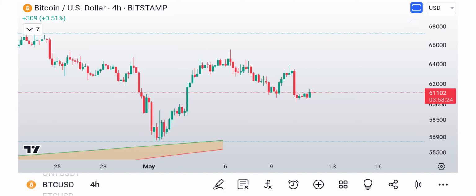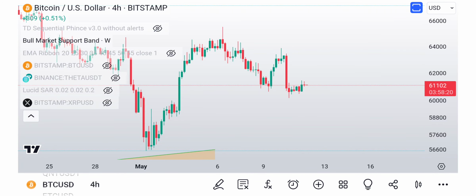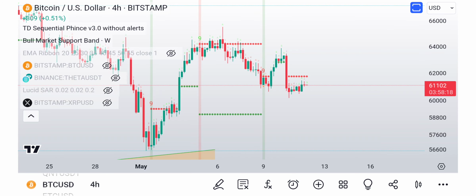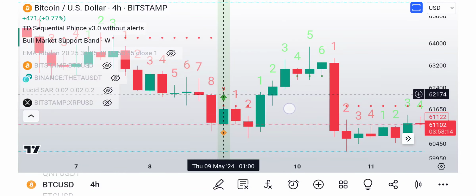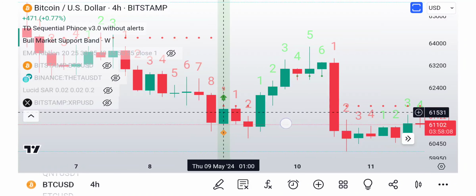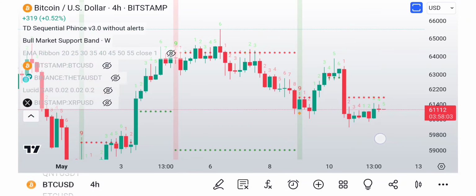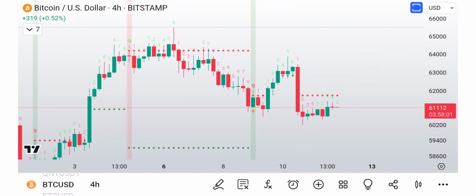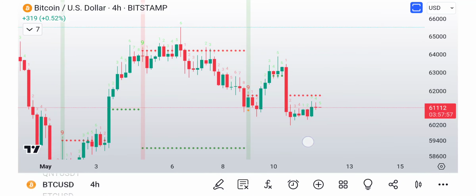Let's see. But yeah, I don't know if that 9 will play out simply because Bitcoin does not have a 9, right? Look what happened the last time Bitcoin had a 4-hour 9, right? We broke out. It wasn't a trend shift. It wasn't a reversal. It was a pullback, right? So I posted about that video saying it could be a reversal or it can be a trend change.